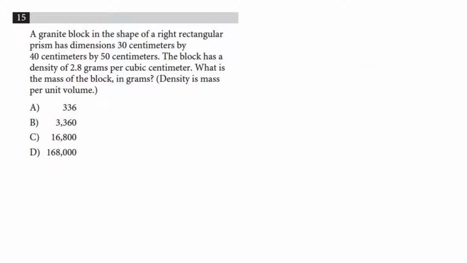Number 15. A granite block in the shape of a right rectangular prism has dimensions 30 centimeters by 40 centimeters by 50 centimeters. The block has a density of 2.8 grams per cubic centimeter. What is the mass of the block in grams? Okay, so we also get a little bit of information here.